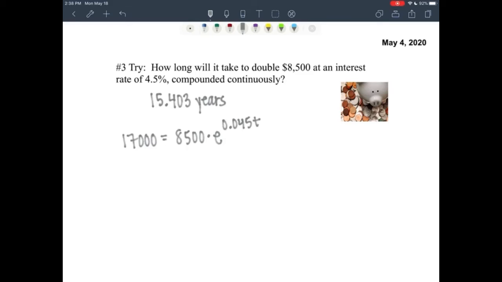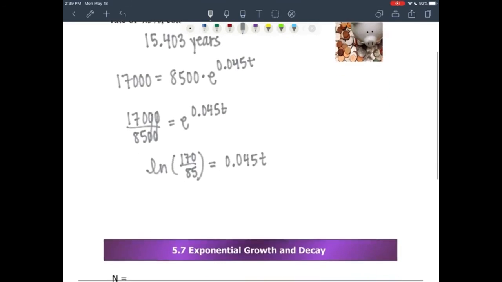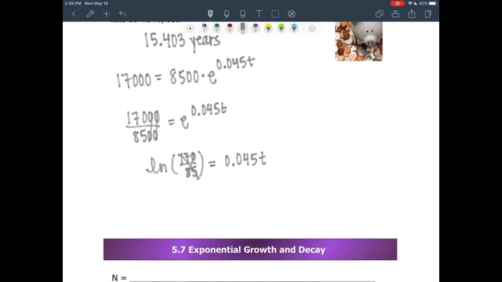I'm going to divide both sides by 8,500, so we end up with 17,000 over 8,500 equals e raised to that exponent. So we've got the natural log of 170 over 85 equals 0.045 t. However, 170 over 85, that's the same thing as 2.